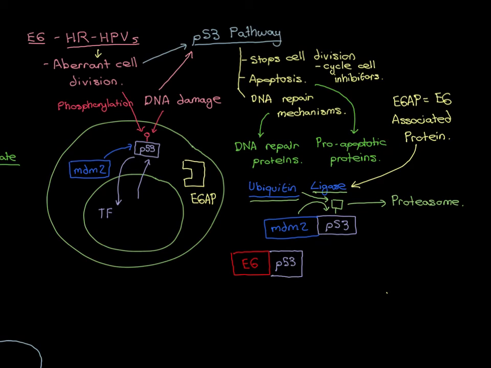However, this E6 protein that the virus has produced can cause this protein to bind onto this complex. So let's draw this here now. So here comes the E6 associated protein enzyme. It attaches on, it's recruited by the E6 protein there. You can see that quite clearly on my picture.